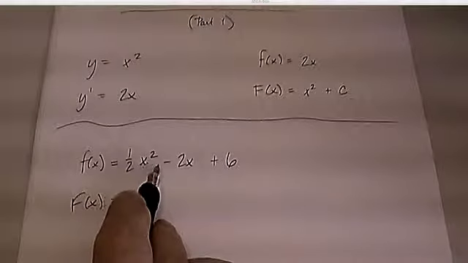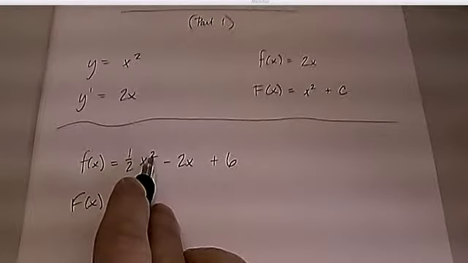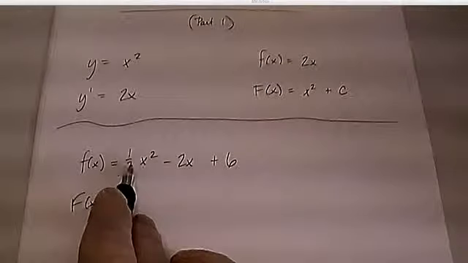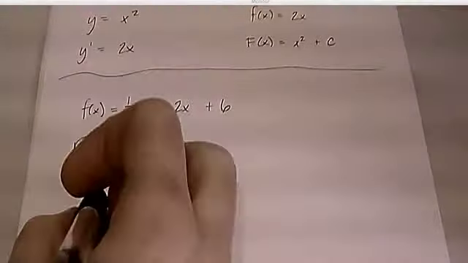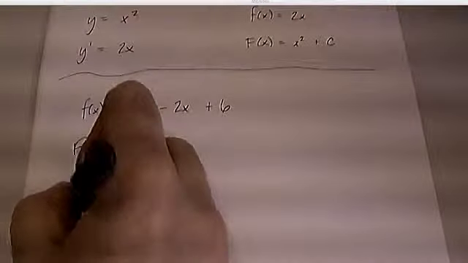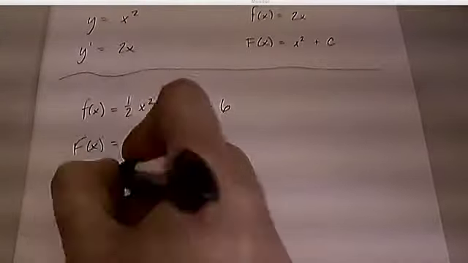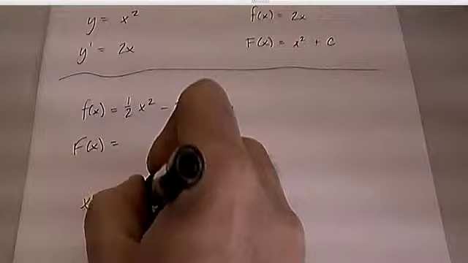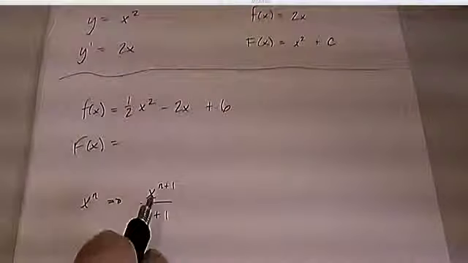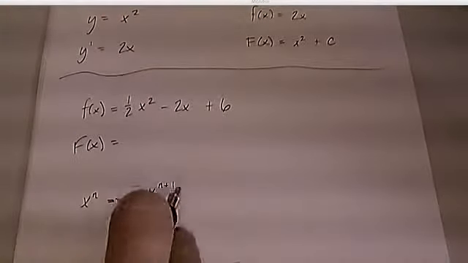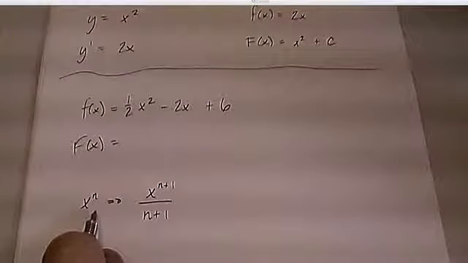Instead of subtracting 1 from the exponent and multiplying by the previous exponent, the reverse rule is that x to the n, when you anti-differentiate, becomes x to the n plus 1 over n plus 1. Right?